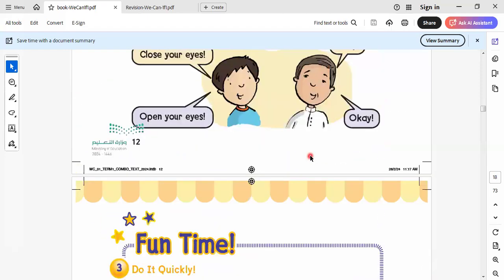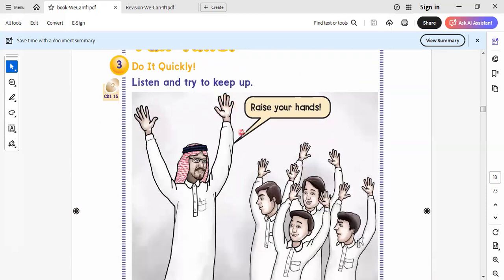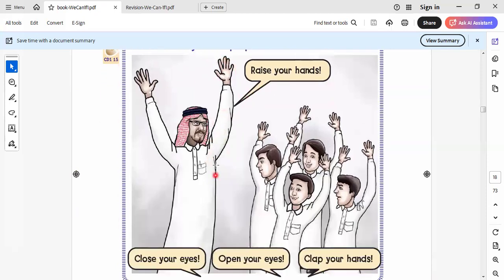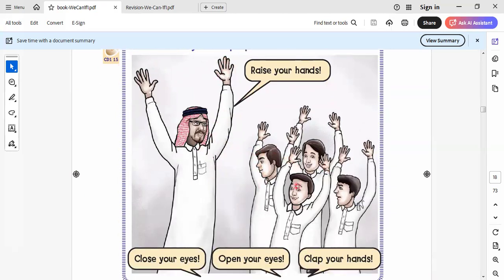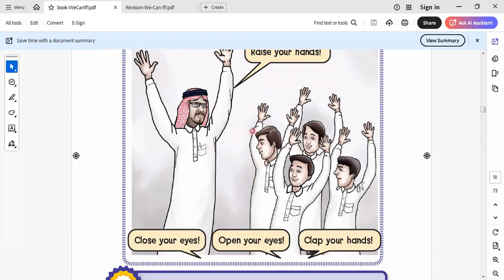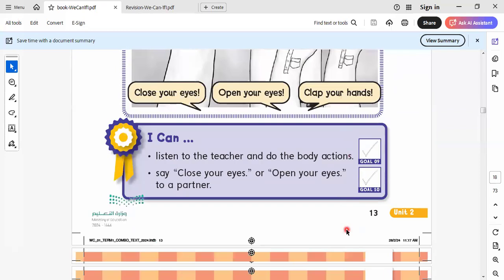Let's go to another item in this unit, which is fun time. Listen and try to keep up. The teacher says to the children, the pupils, to raise your hand. So these pupils are raising their hands. Close your eyes, open your eyes, clap your hands.